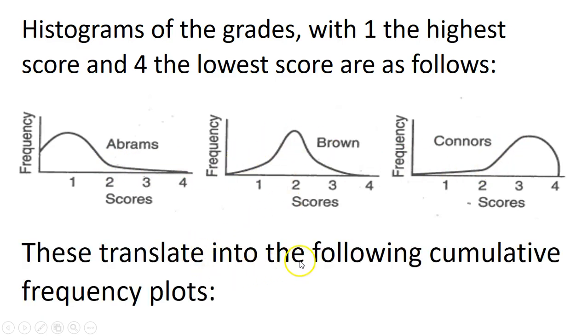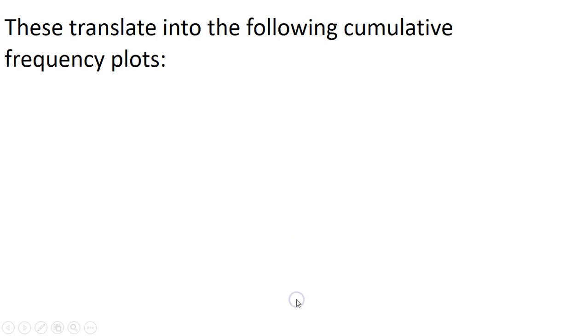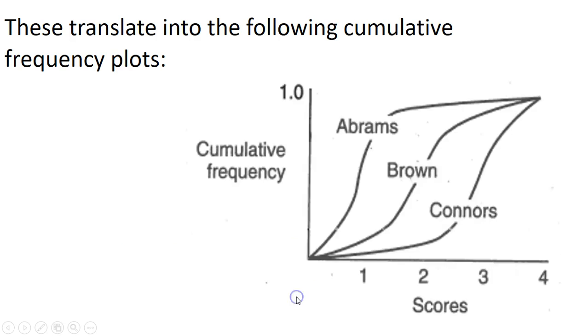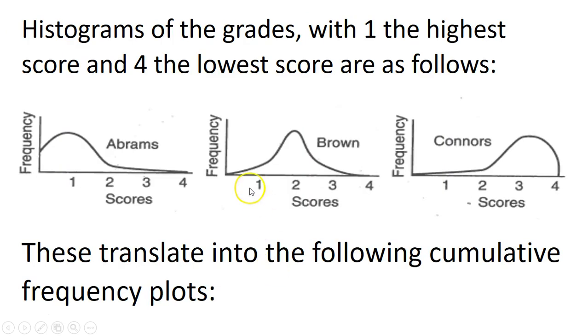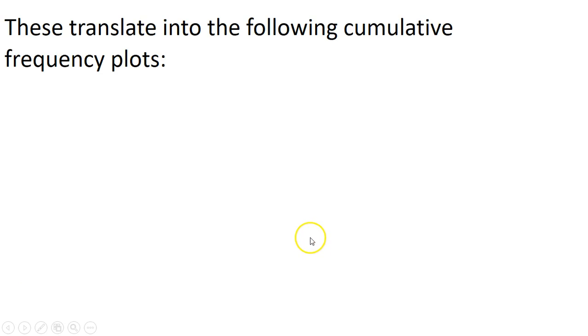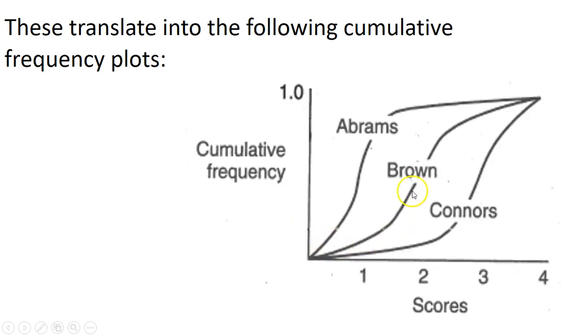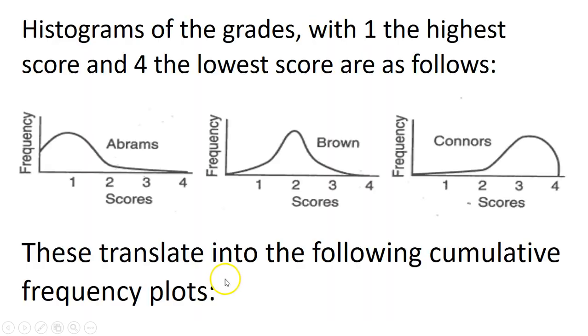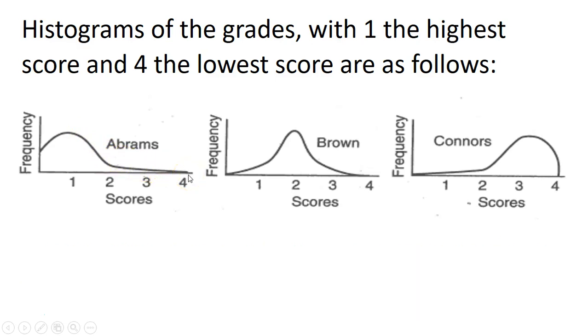These translate into the following cumulative frequency plots. Taking a look at them, right smack dab in the middle was Brown, the normal curve, going normally right in between. And this one has a majority of the scores at the higher end, skewed to the left.